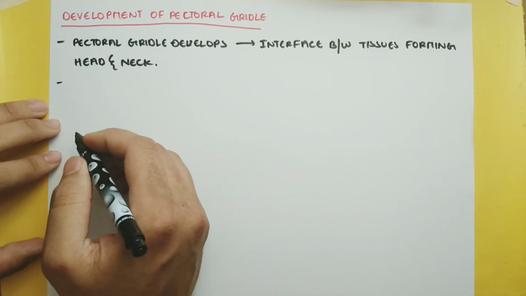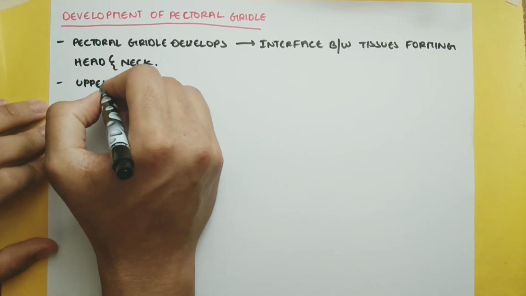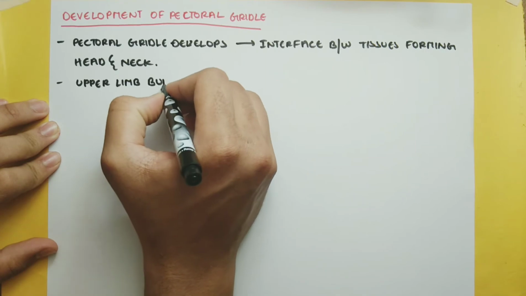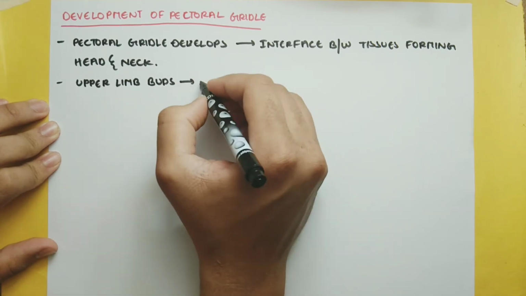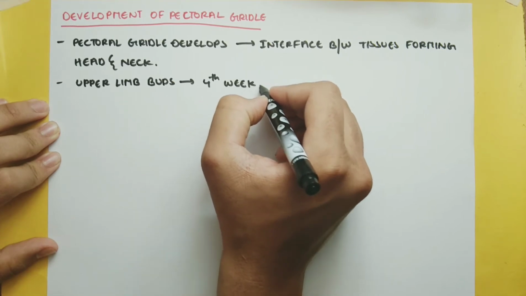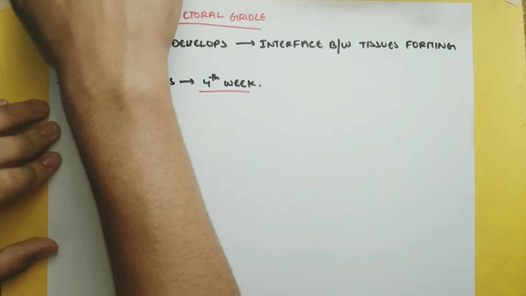Now coming to the main point, the upper limb buds appear at the 4th week. It is the main point.